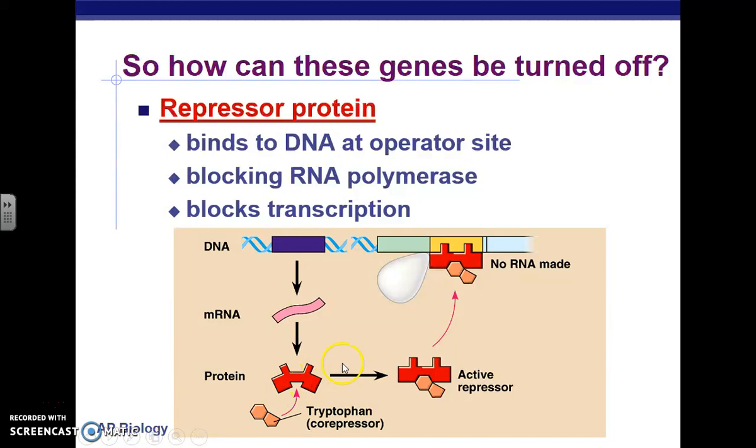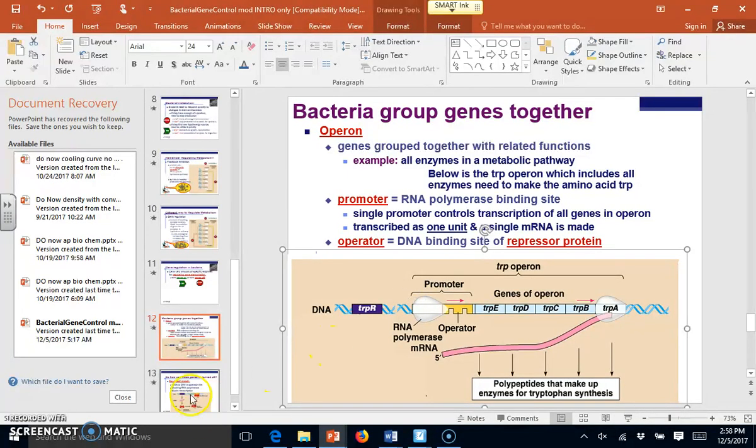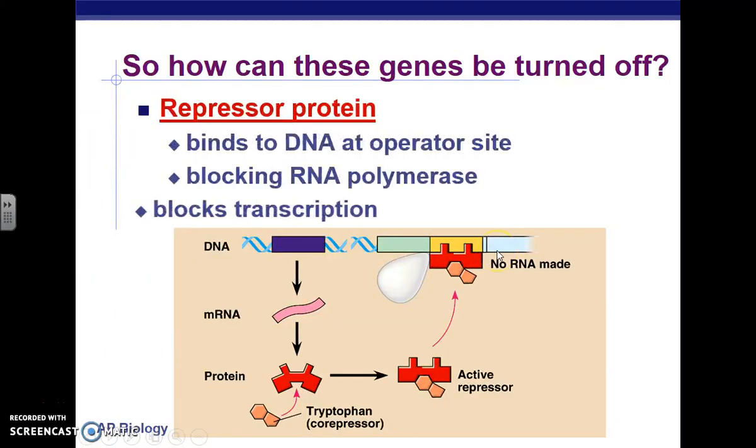Something can bind to it to make it active. When it's active, it binds to the operator, and when the repressor protein is bound to the operator, it blocks RNA polymerase. Since RNA polymerase is blocked from transcribing, the gene won't be made into mRNA, and then the mRNA won't be made into protein.